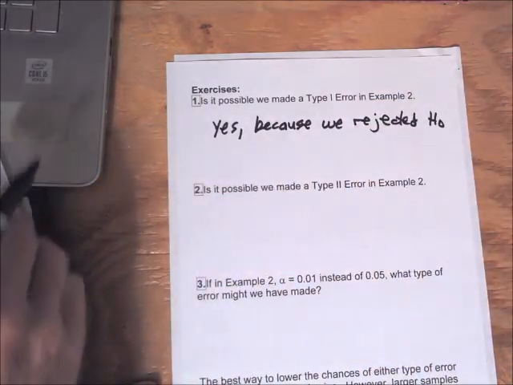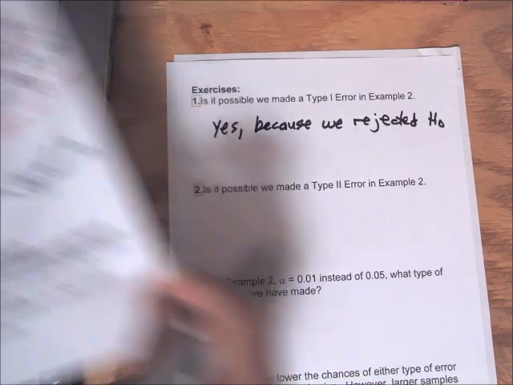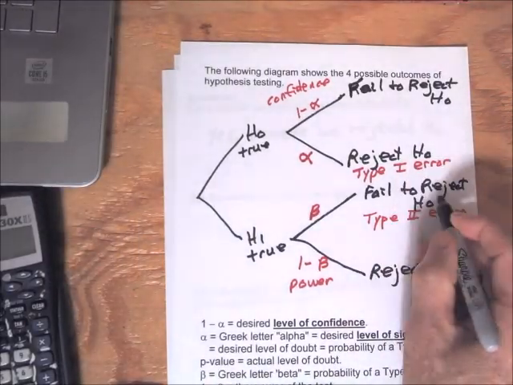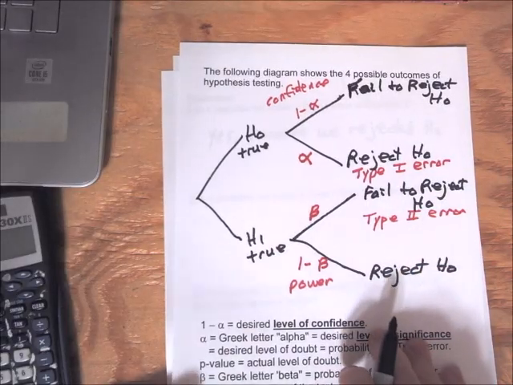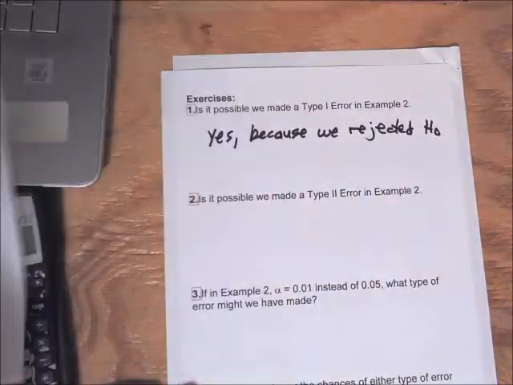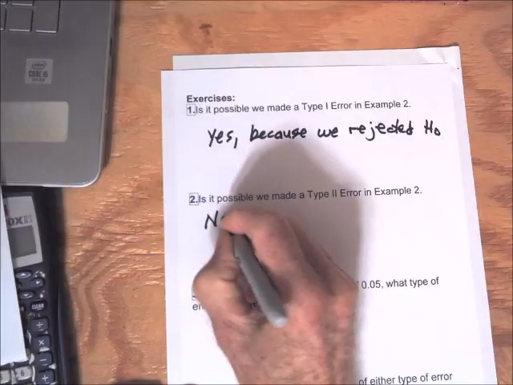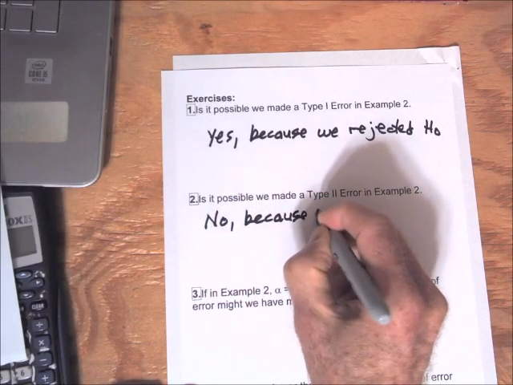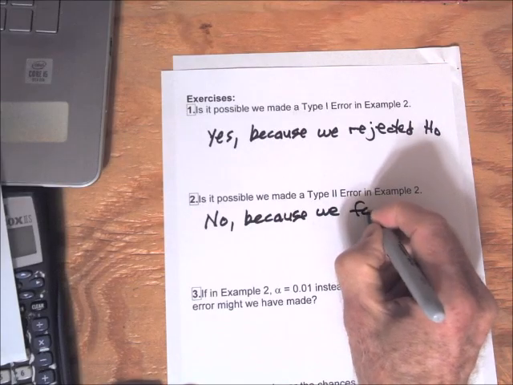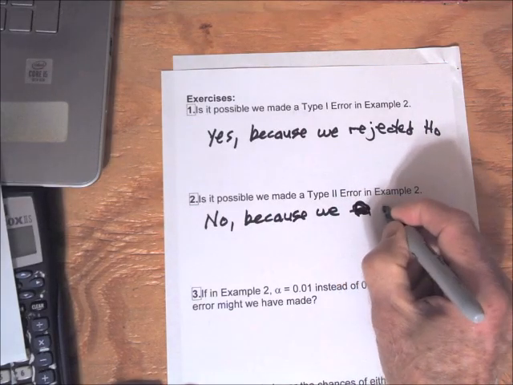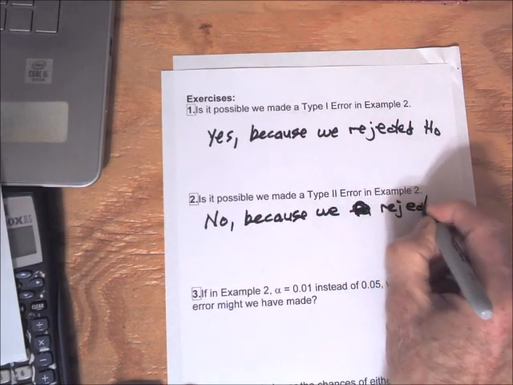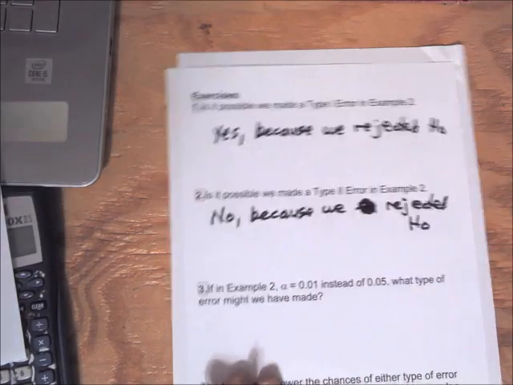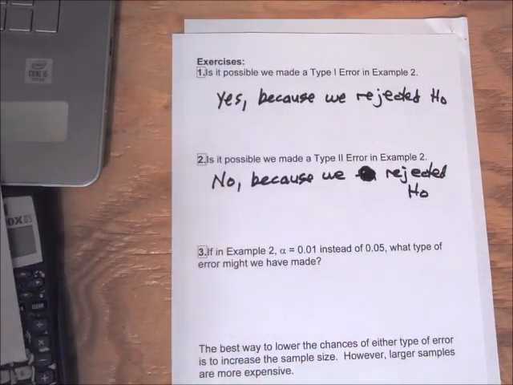Is it possible we made a type 2 error in example 2? Type 2 error can only occur if you fail to reject H0, but we rejected H0, so we would not have made a type 2 error. So this is no, because we rejected H0. Type 2 error occurs only if you fail to reject H0.